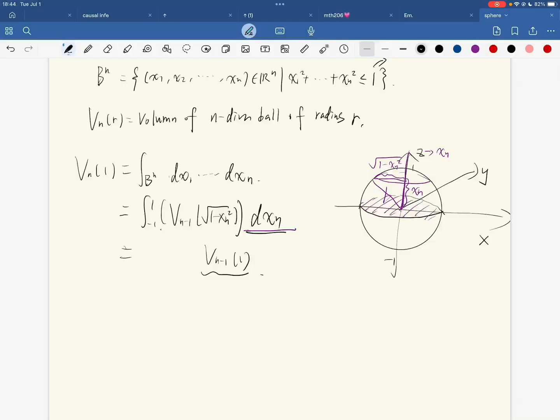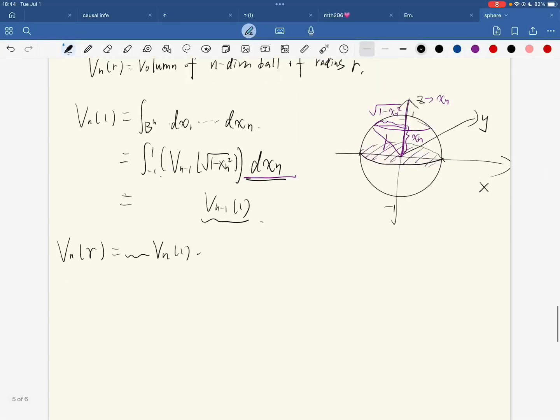So how to calculate this? We want to know the relationship between V_n(r) and V_n(1), and what's the coefficient of this.